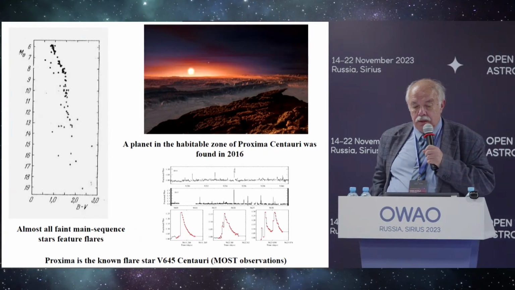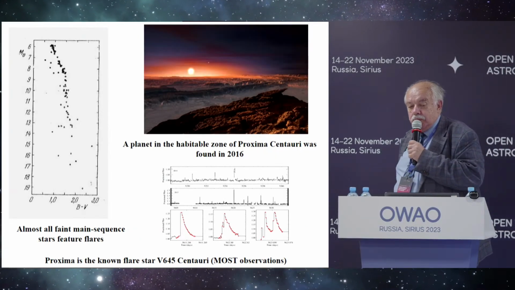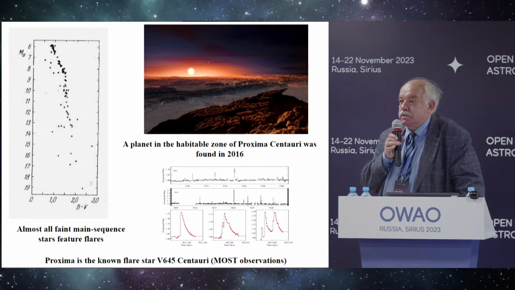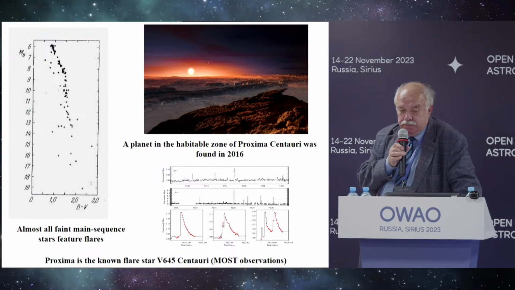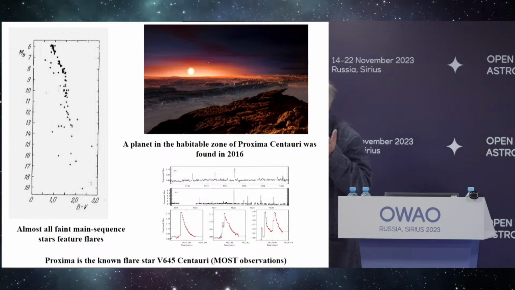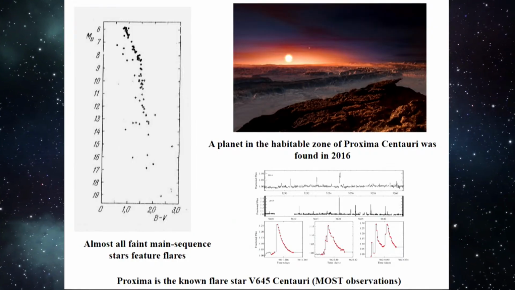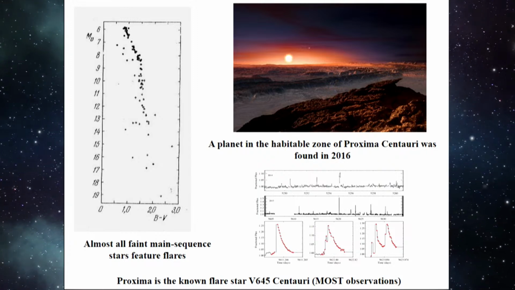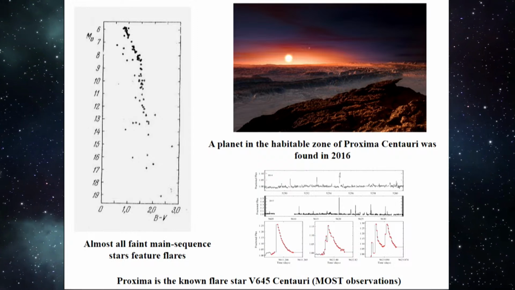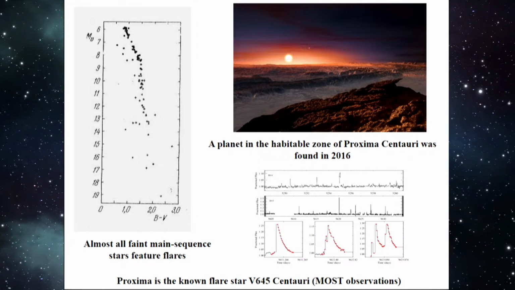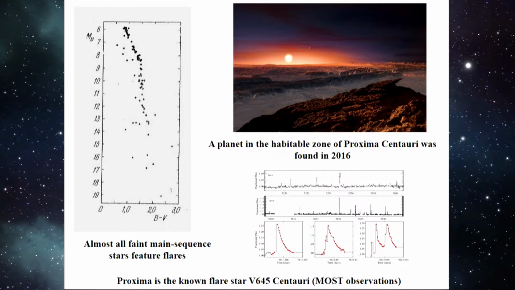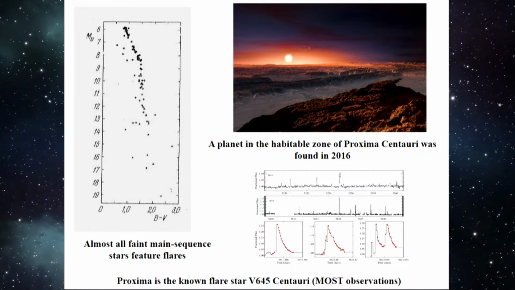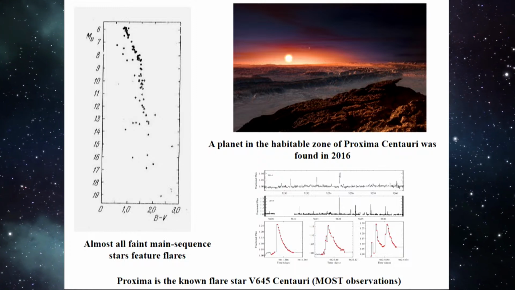Now, in the year 2016, a planet was discovered in the habitable zone of Proxima Centauri. Well, this is exciting. This is the closest star, and there is a planet in habitable zone. Let's fly there. But the star we deal with is a known UV SETI type variable, and it flares all the time.